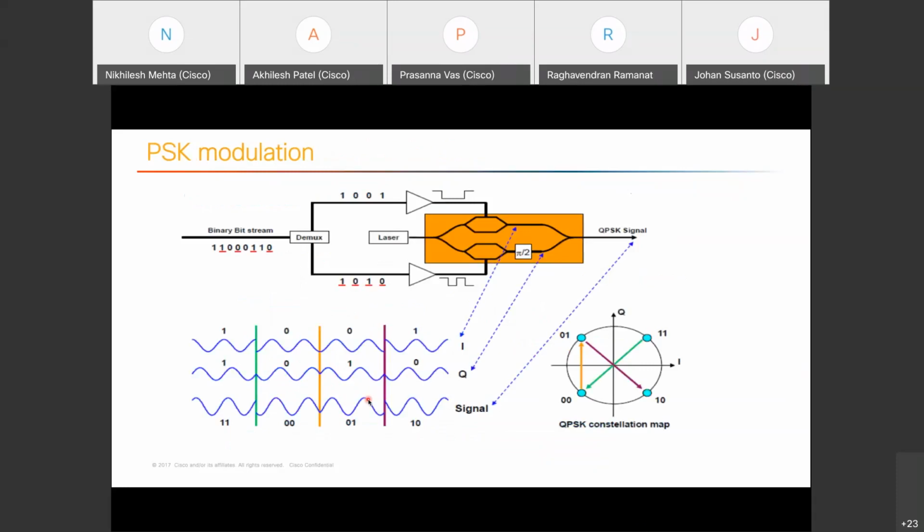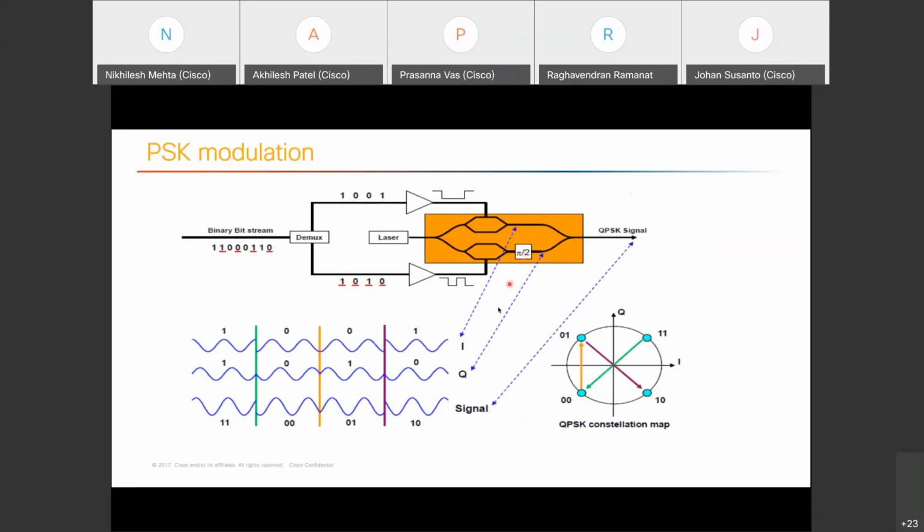Like BPSK, QPSK, MPSK. At the input, you have a bit stream of 11000110. This is your binary bit stream. What you are doing is demultiplexing. In this leg you have 1001, and in this leg you have 1011, 1010, and then you are using the Mach-Zehnder modulator. In the Mach-Zehnder modulator, the two legs are pi by 2 phase apart.